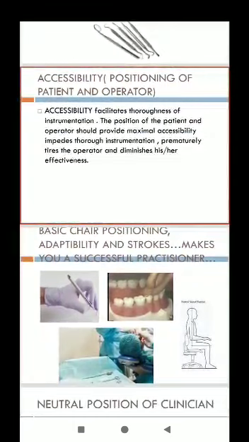This is the basic chair positioning and adaptability of the instrument, as you can see in the hand of the dentist and in the jaw set of the tooth. Successful strokes make you a good practitioner.